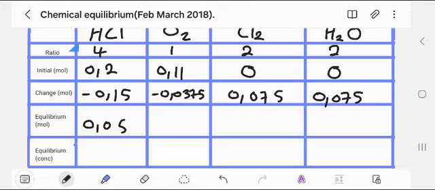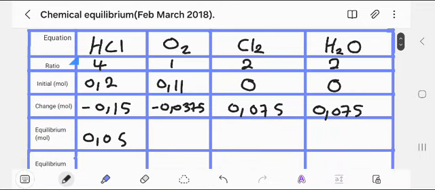So to get the equilibrium moles here of oxygen gas, we will say 0.11. We subtract the 0.075. When you subtract, you will subtract these 2. You will say 0.11 subtract 0.0375.